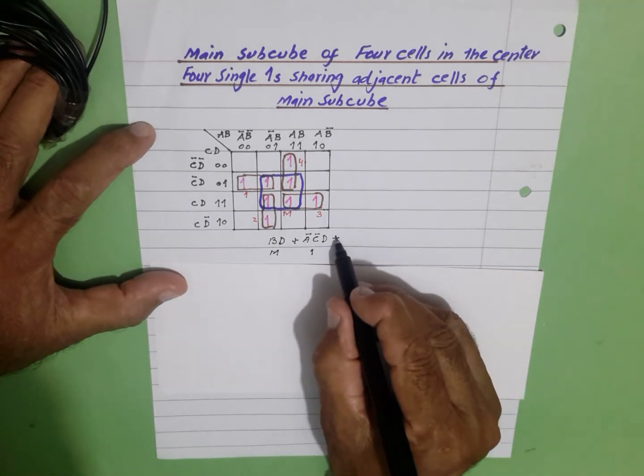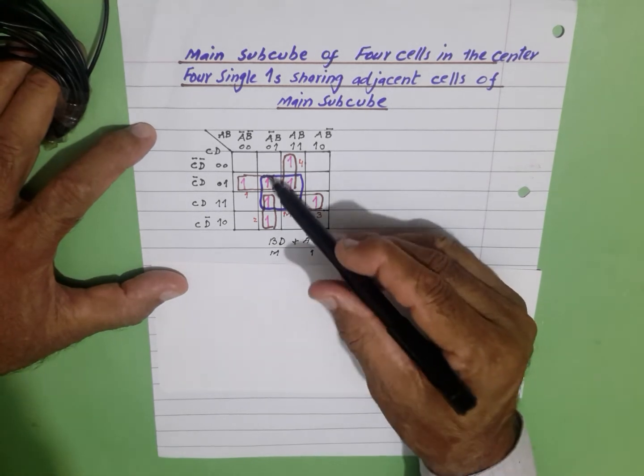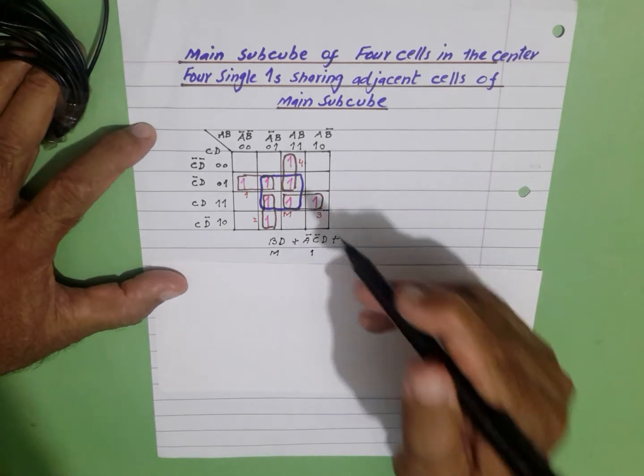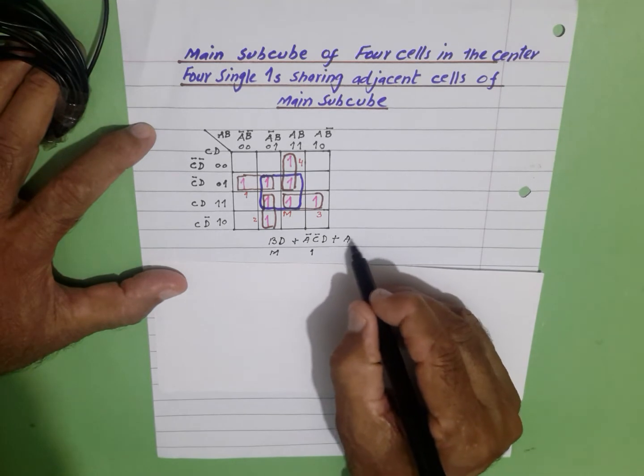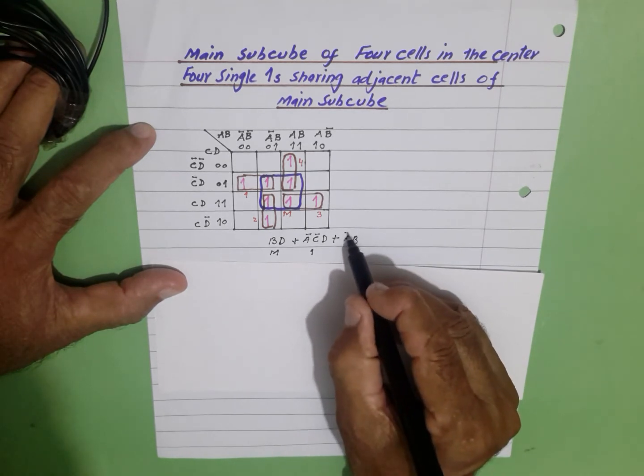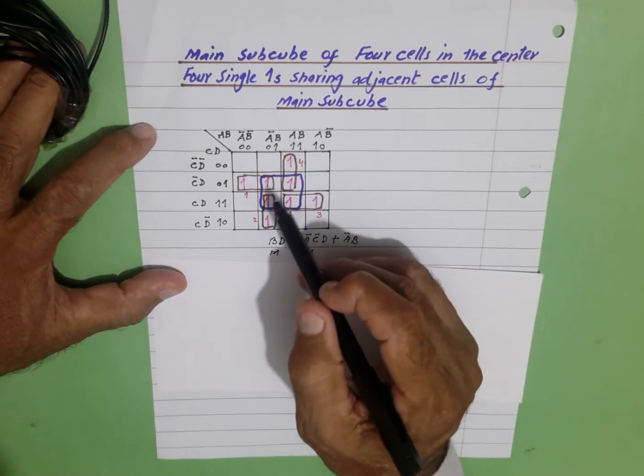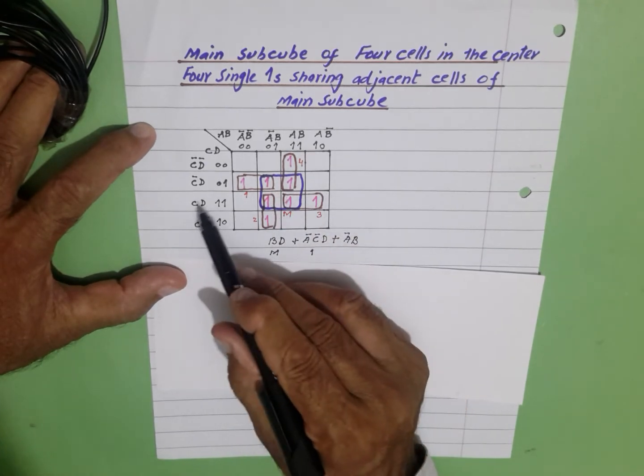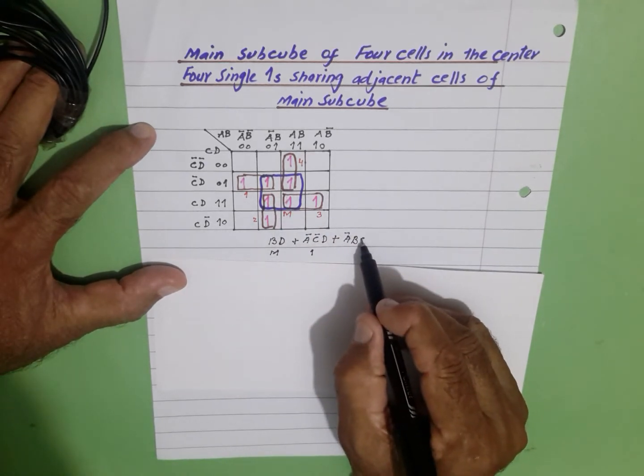Then comes the second loop. Looking vertically, it is A bar B. A bar B, but in horizontal rows C is not changing, therefore it is C.